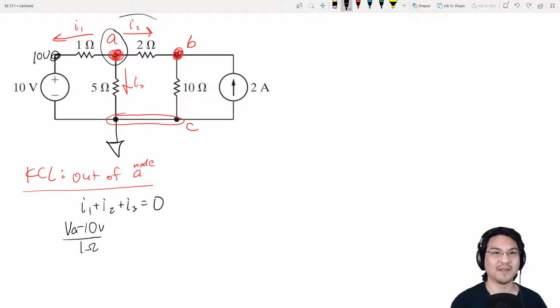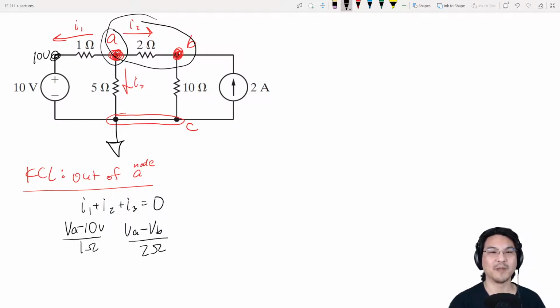Okay, now I2, Ohm's law would be VA minus VB over 2 ohms. The voltage at A minus the voltage at B divided by 2 ohms.